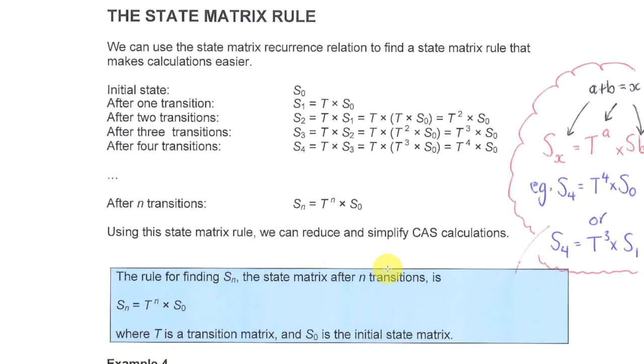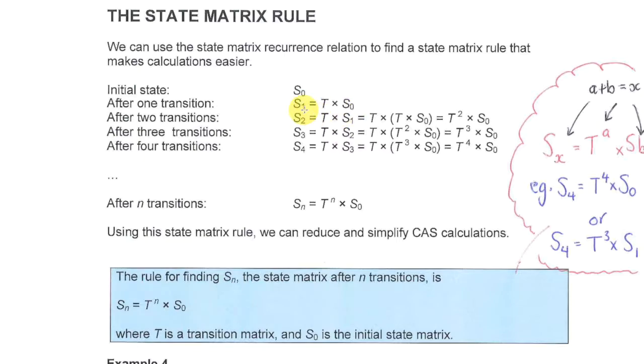Now, what we're going to do is come up with a general rule for this, and this will be the most useful part of transition matrices. If we've got the initial state and we define that as being S0, then S1 is going to be the transition multiplied by what it was previously, so S0.